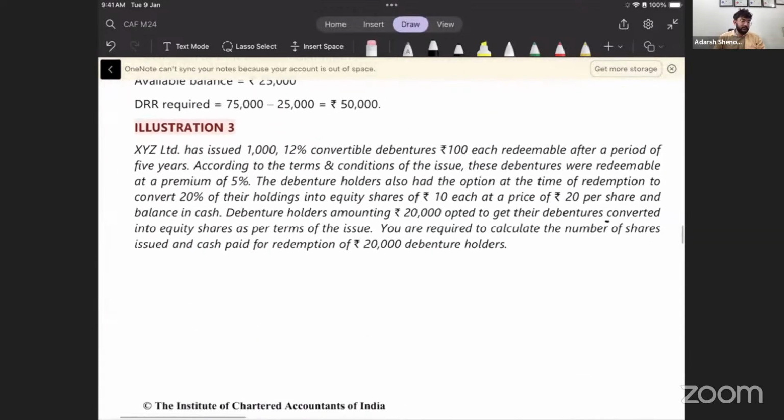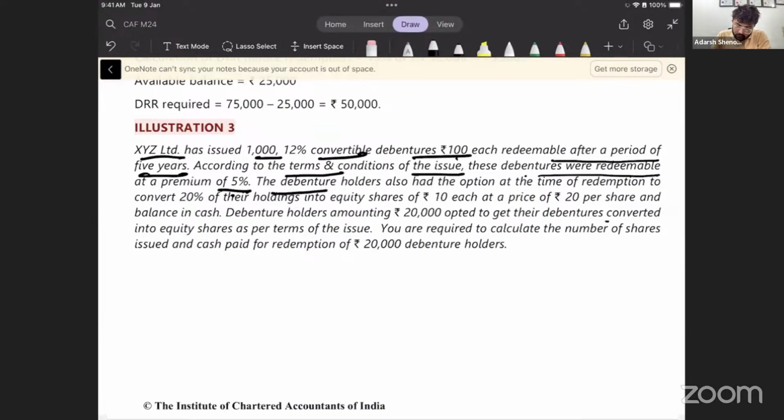Very simple concept. Pay attention when I discuss it. XYZ Limited has issued 1,000 12% convertible debentures of rupees 100 each, redeemable after a period of 5 years. According to the terms and conditions of the issue, these debentures were redeemable at a premium of 5%. It's a 100 rupee debenture, so I will redeem at 105.